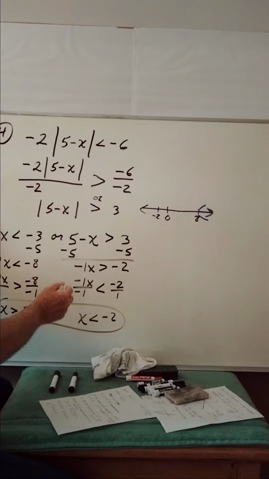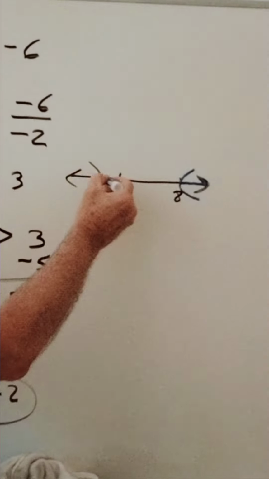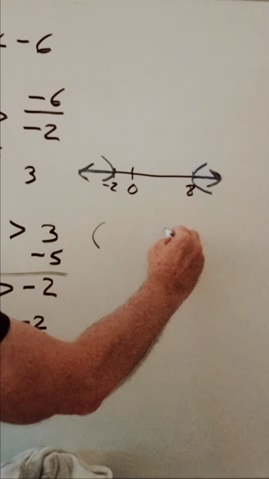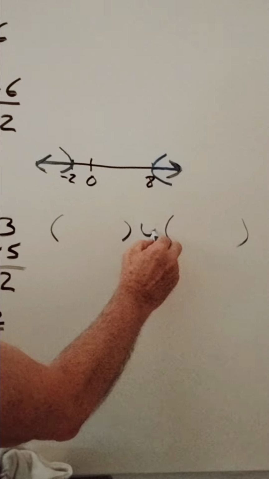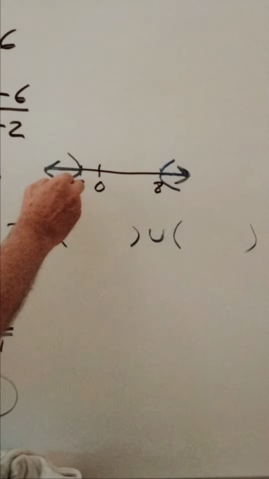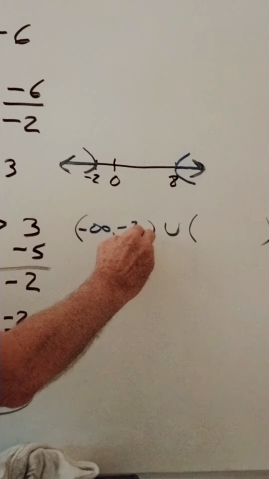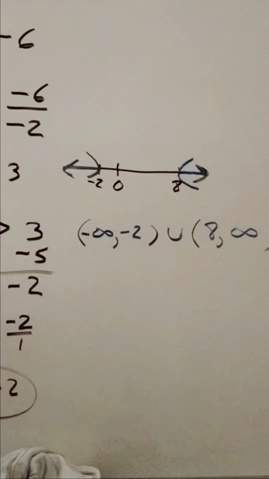Shade. Or x is less than negative 2. Got to be less than negative 2, a parenthesis, shade. Parenthesis, union, parenthesis. Smallest, negative infinity. Largest, negative 2. Smallest, 8. Largest, positive infinity.